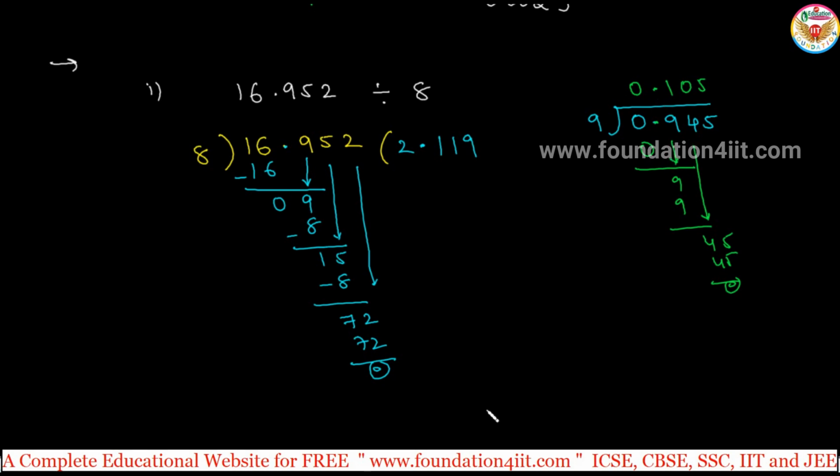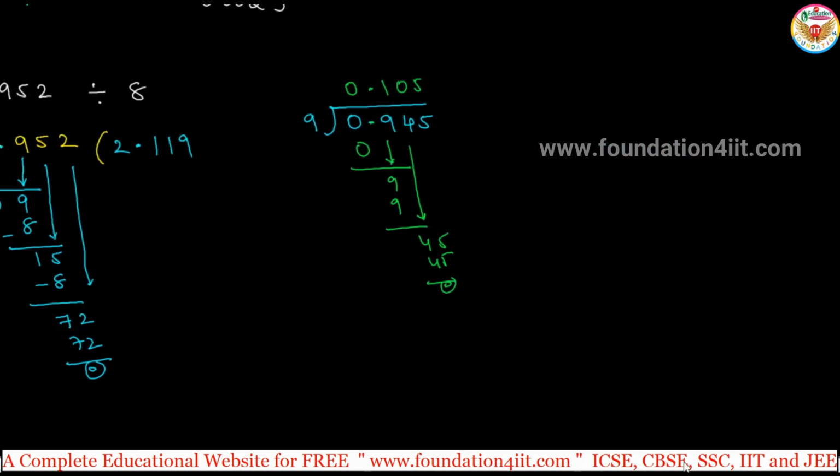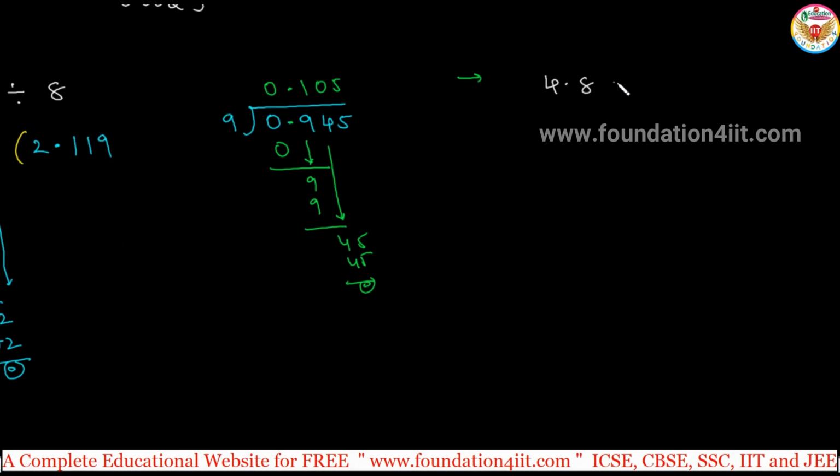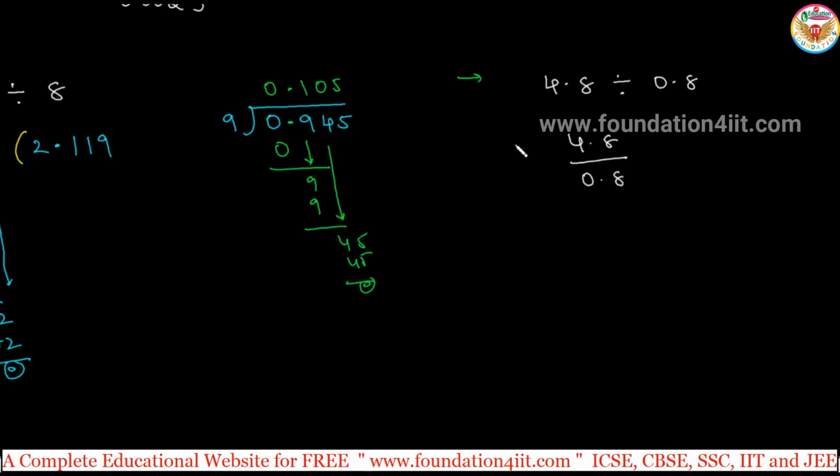Okay, this is one. And one more case, when it is a decimal divided by a decimal number. Division of a decimal number by another decimal number. Let us see one example. 4.8 divided by 0.8. That means 4.8 by 0.8.